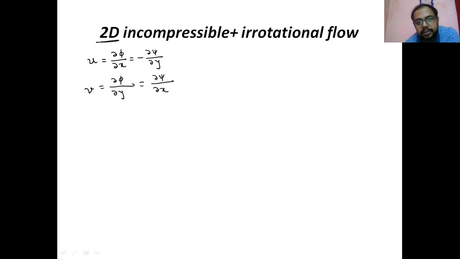As it is two-dimensional, w does not exist for phi; already for psi there is no existence of w, and for phi also it is not needed here. So this pair of equations is known as the Cauchy-Riemann equations.